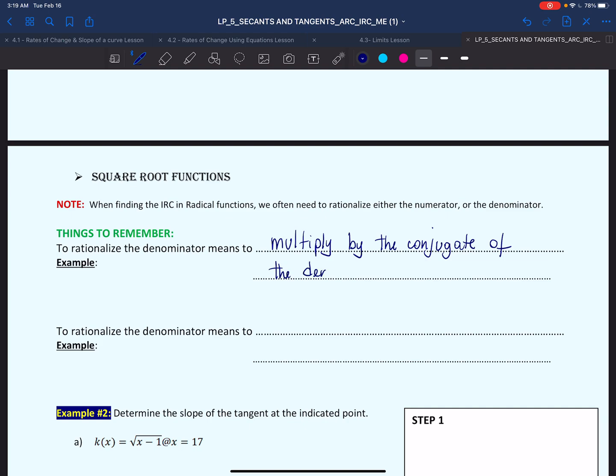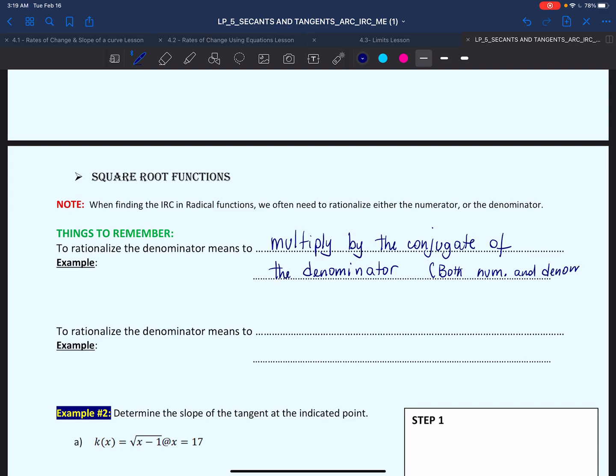We're talking about multiplying both parts of the fraction, right? So both numerator and denominator.